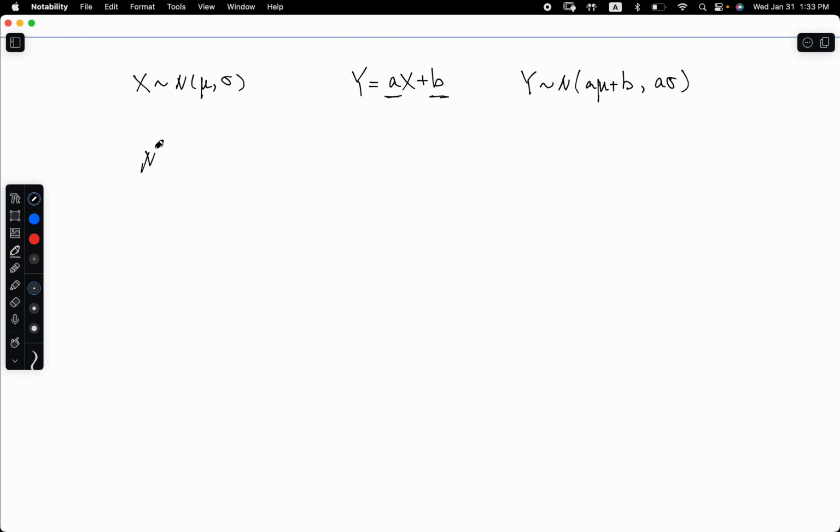So now we just need to use the moment function method to find that, and this is equivalent to the moment function of aX plus b as a function of t, which is the expectation of e raised to the power of t times (aX plus b).